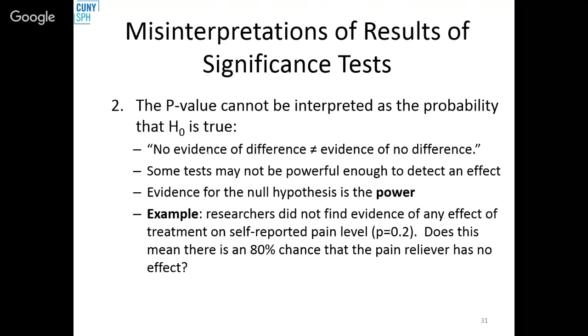Okay, well, remember the basis of hypothesis testing is that we assume the null hypothesis is true. That is our a priori assumption. Under that assumption that the null hypothesis is true, what do we calculate? We have an observation.